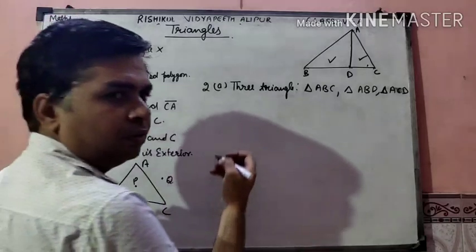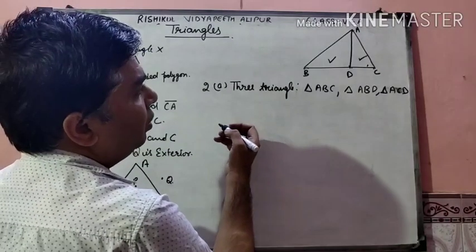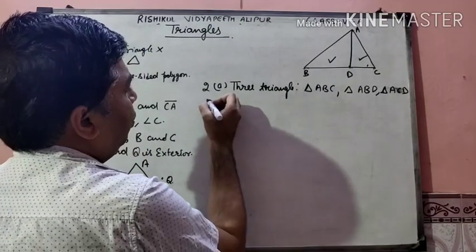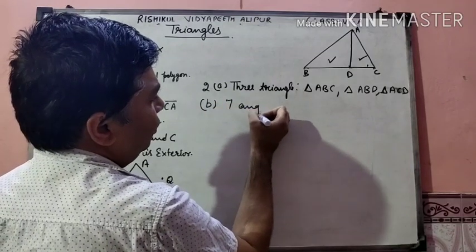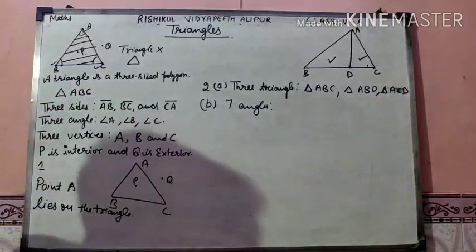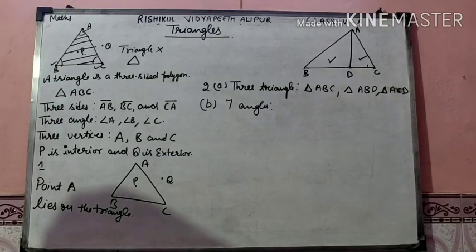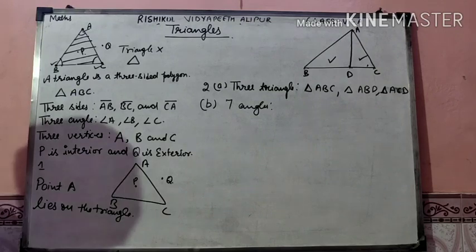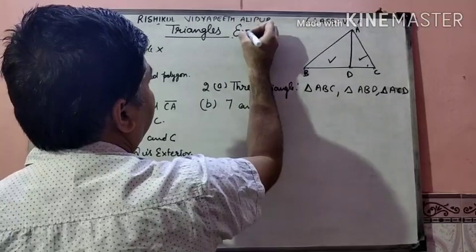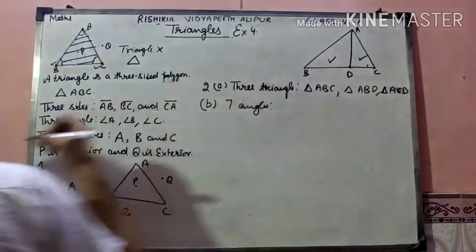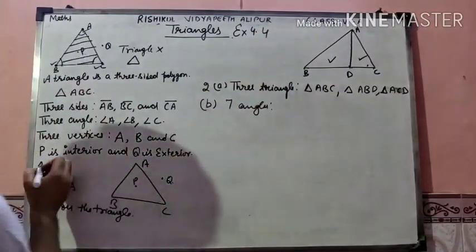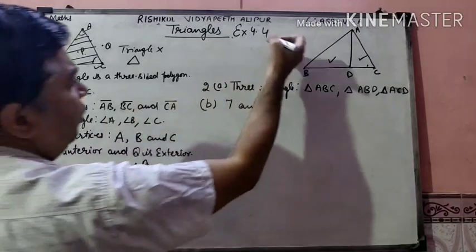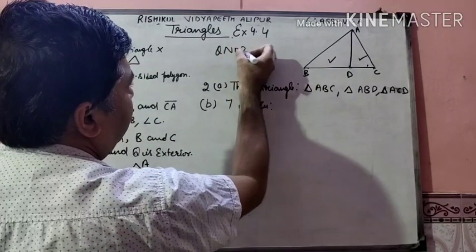Next one. You have to tell how many angles? 7 angles. Students, exercise 4.4. This was question number 1 and this was question number 2.